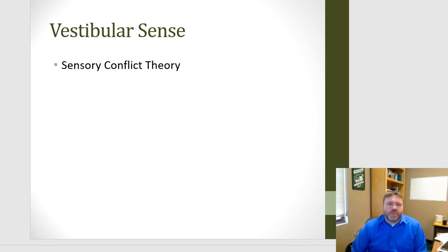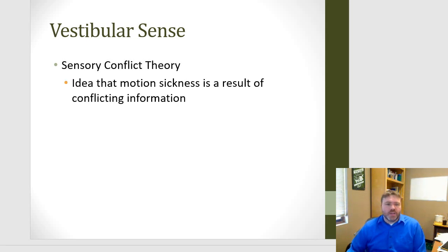This is a theory about why we feel so dizzy at certain times. Like if you spin around really fast, why do you feel dizzy, and why does that make you feel a little bit queasy when you've done it? The sensory conflict idea, in a quick nutshell, is that motion sickness is a result of what we call conflicting information.